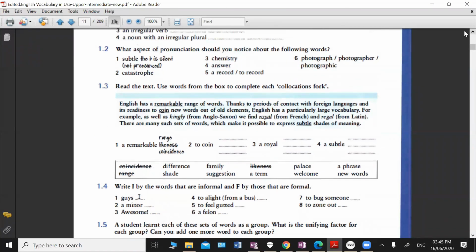These words: number 1 is subtle. Number 2, catastrophe. Number 3, chemistry. Number 4, answer. Number 5, a record or to record. Number 6, photograph, photographer, and the third one, photographic.